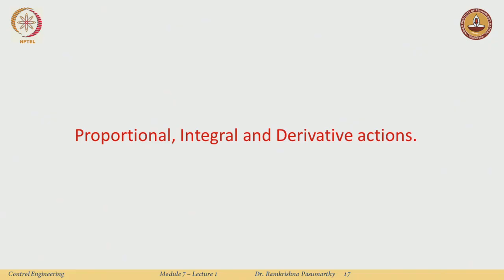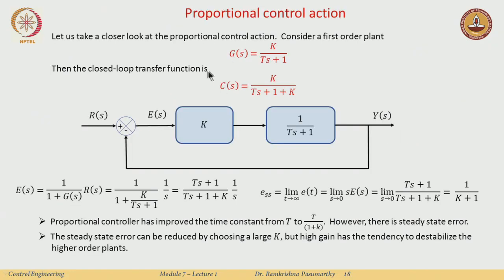So, the proportional control action now, right. Let me start with a first order system, a proportional controller, with the closed loop transfer function k over Ts plus 1 plus k. Okay, what is the error?